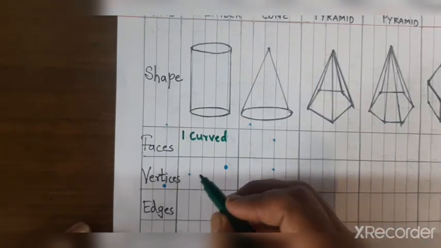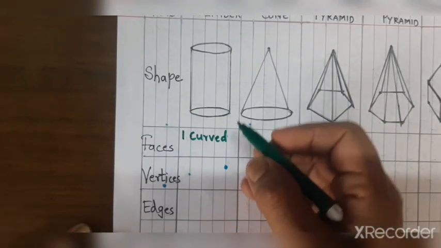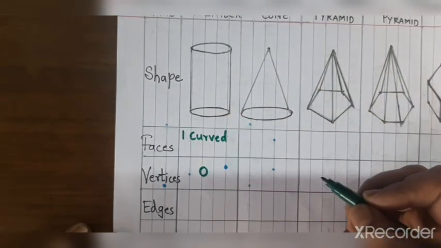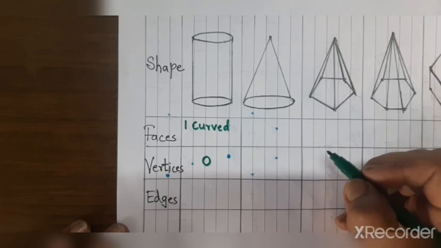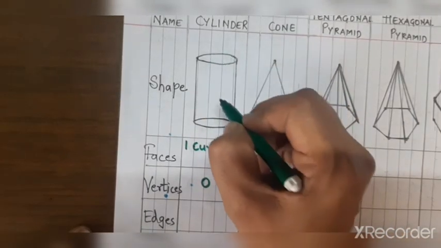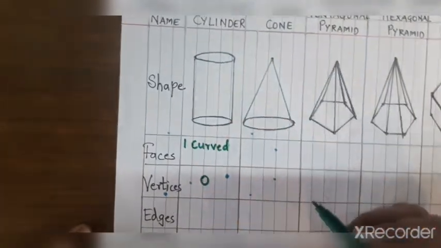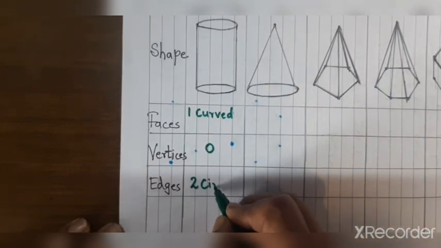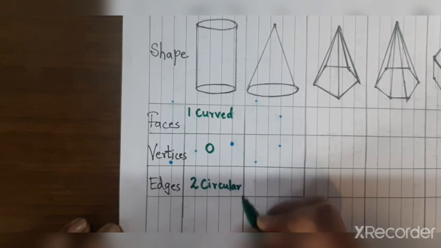Now vertices, there is no vertex, there is no corner point, so we'll write 0 here. Okay, and edges, we can see here there are two circular edges. So we'll write two edges, but we need to mention they are two circular edges.